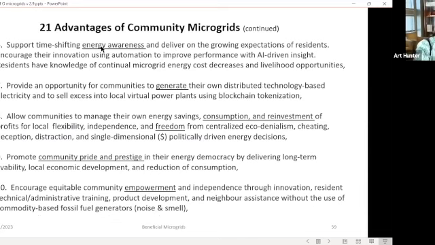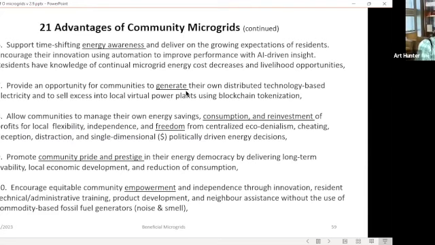Time-shifting energy awareness to deliver on the growing expectation of residents, because you need a means to encourage people to be innovative, and with AI driven insight and methods to actually reduce their energy costs and improve and provide livelihood opportunities.